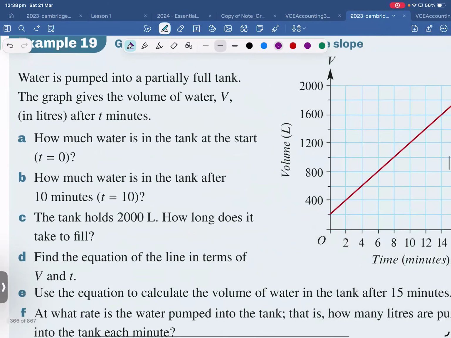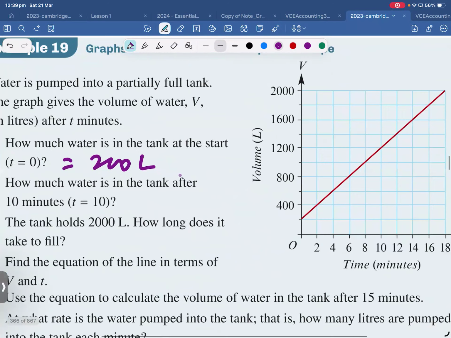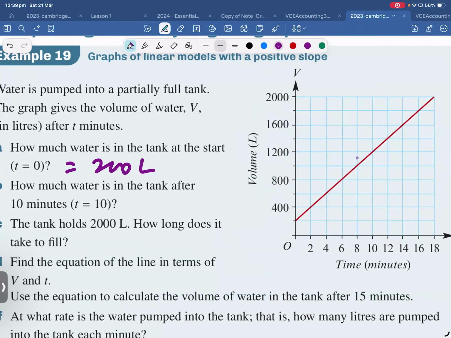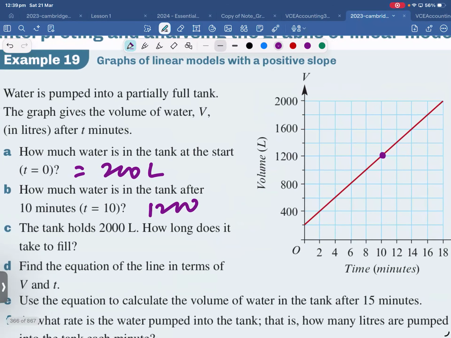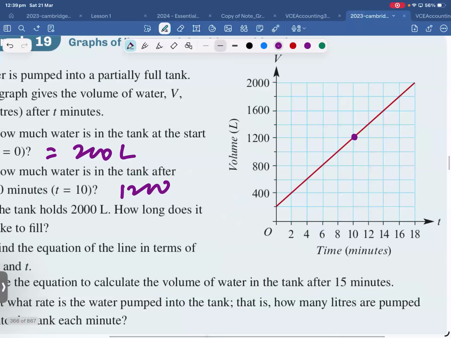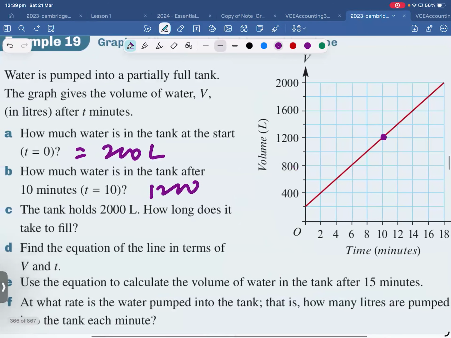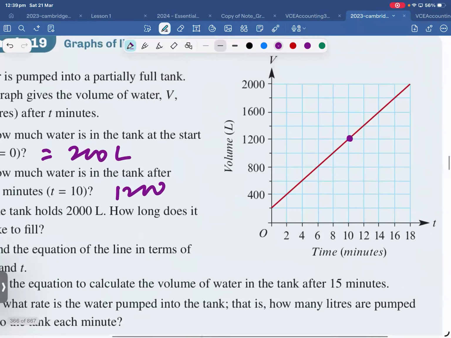How much water is in the tank at the start? 200 liters. How much water is in the tank after 10 minutes? 1200, yes, correct, which is this. The tank holds 2000. How long does it take to fill? 18 minutes. You sure? Yes, at this point it is 18, right?